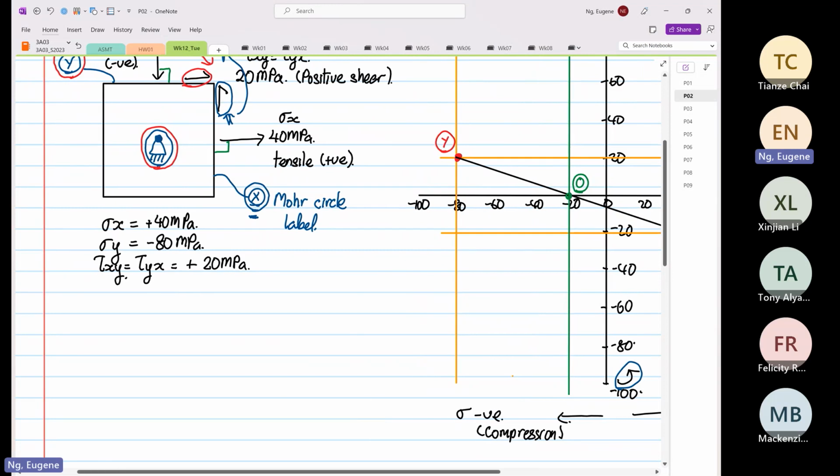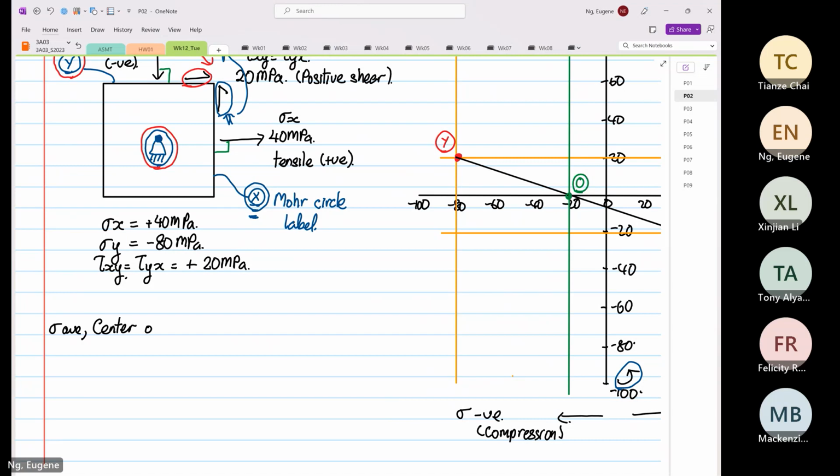So we know that the stress average, which is the center of the circle, will be equal to stress X plus stress Y divided by 2. Remember, stresses are magnitudes. So 40 plus minus 80, divided by 2, is where we get our minus 20 megapascal.